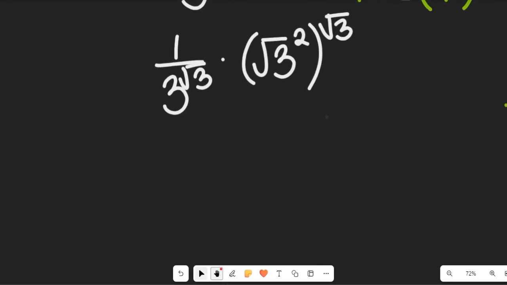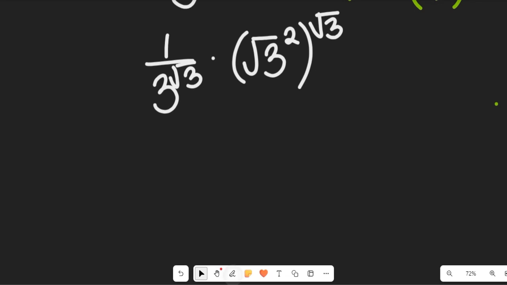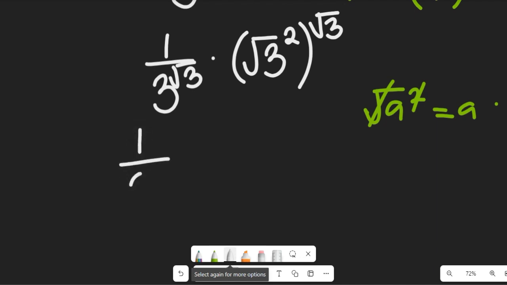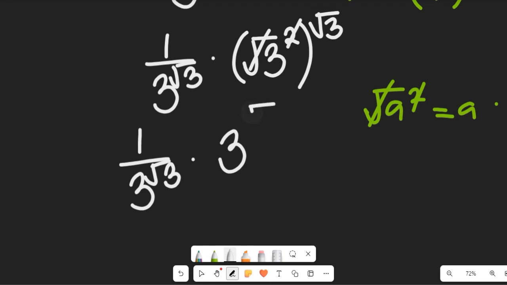Now according to the law of indices, if you have the value square root of a squared, the square will only clear the square root and then this will be left with a. So if I apply that here, I have this to be 1 divided by 3 root 3 multiplied by, this is going to clear this and I will be left with 3 root what?